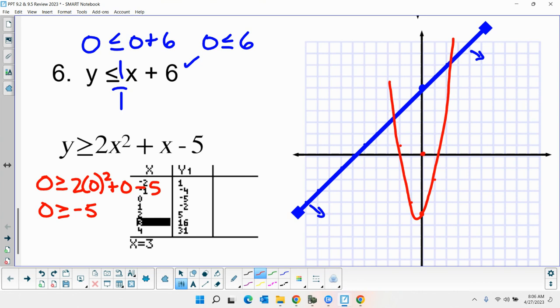Which is the inside, right? So I'm going below the blue line and inside the parabola. So the highlighted or the overlapping is in there. Okay? Pretty easy, right? Okay.